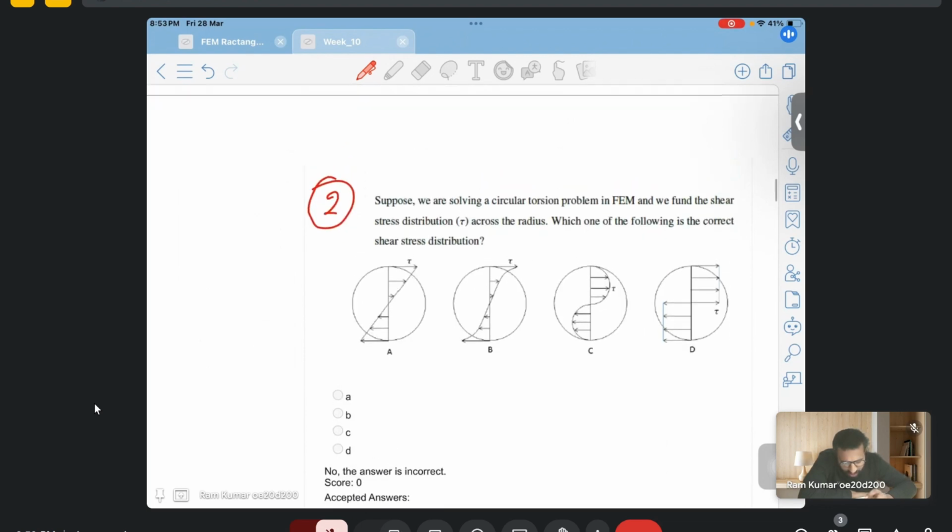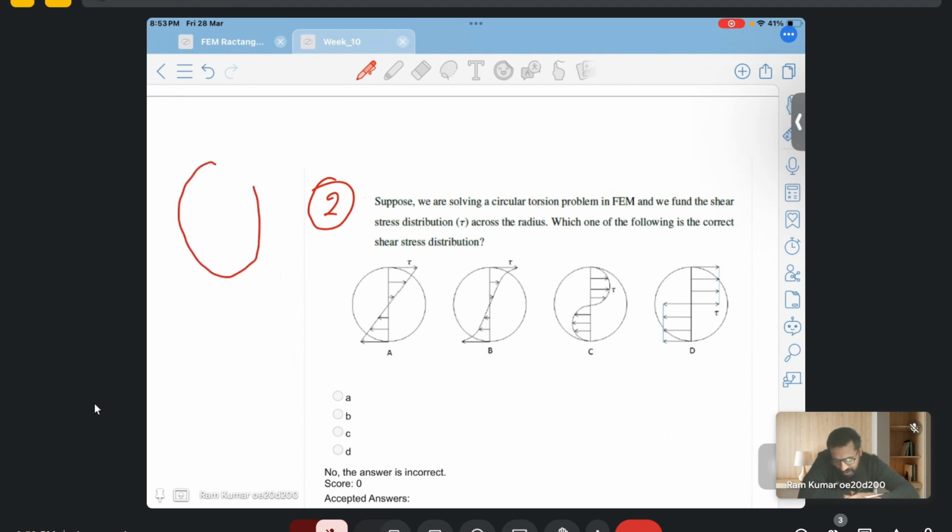Suppose, I don't want to show you the answer. I think anyone who did UG can solve this, in the second semester, second year, where we study stress and strain. For example, we have a rod or shaft, and T is the torque.